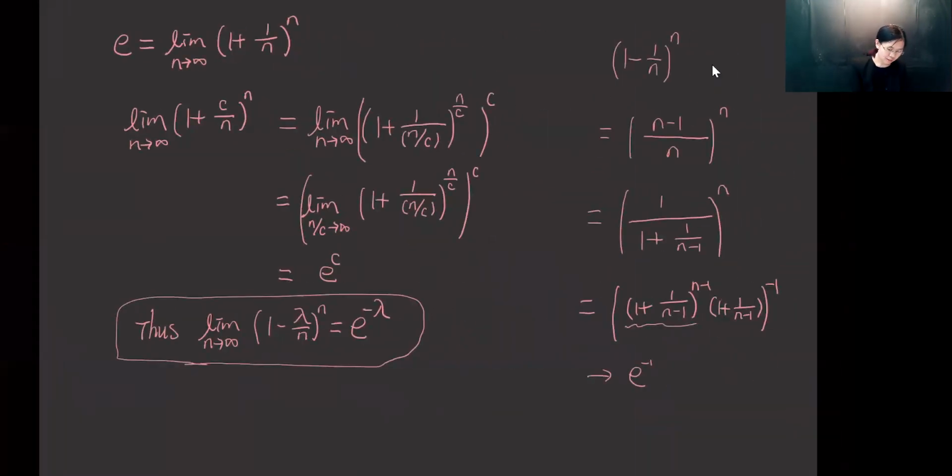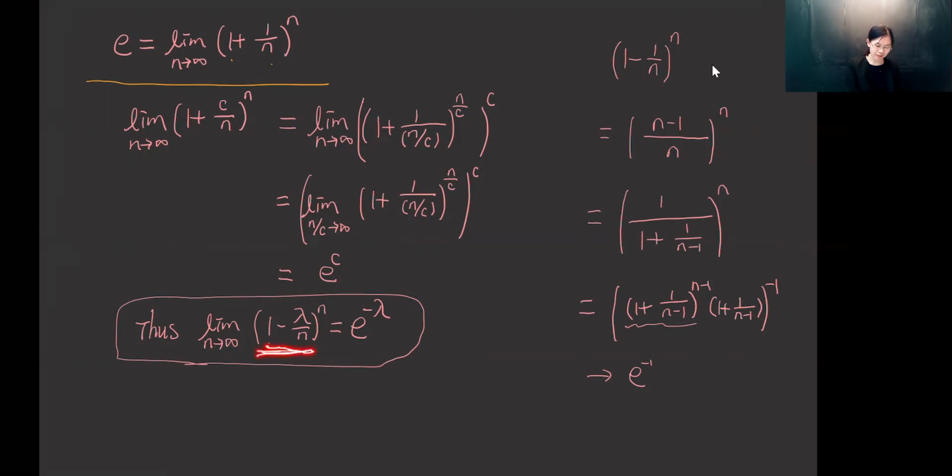So by definition, E is the limit of 1 plus 1 over n to the power n. And what we have in the Poisson limit theorem calculation is not 1 over n, but 1 plus minus lambda over n.